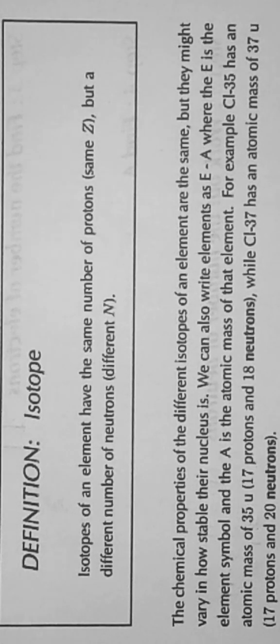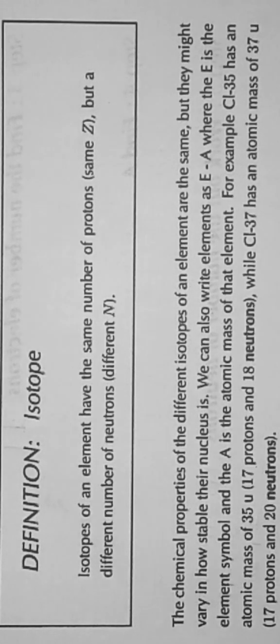For example, chlorine 35 has an atomic mass of 35, 17 protons and 18 neutrons, while chlorine 37 has an atomic mass of 37, 17 protons and 20 neutrons.